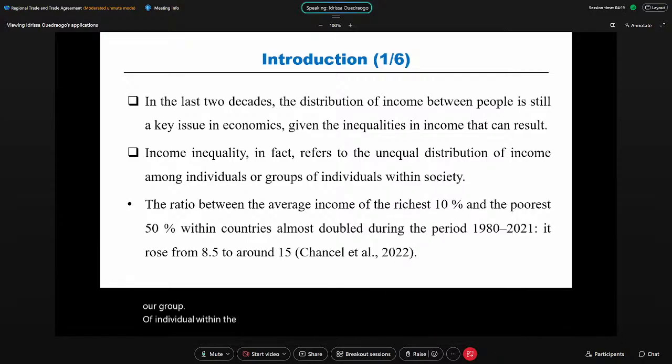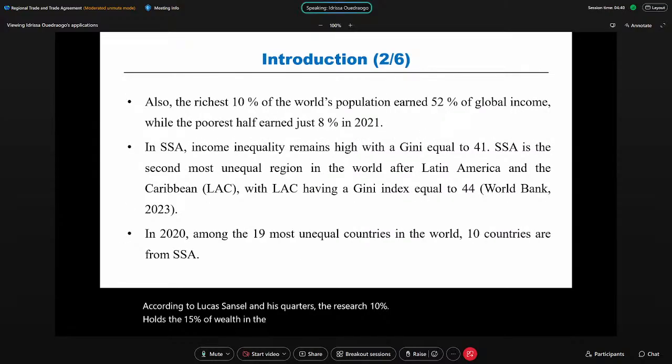According to Lucas Chancel and his co-authors, the richest 10% hold 15% of wealth in the world, meaning that inequality is very high in the world.